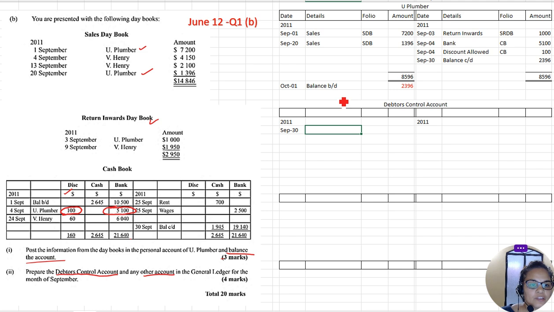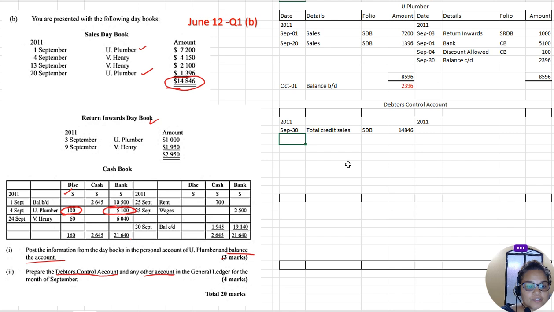So in your debtors control account, this total figure is being taken to actually control the amount that is now being owed to you. So total credit sales, and this is taken from your sales daybook as well, right? And the total amount is 14,846.